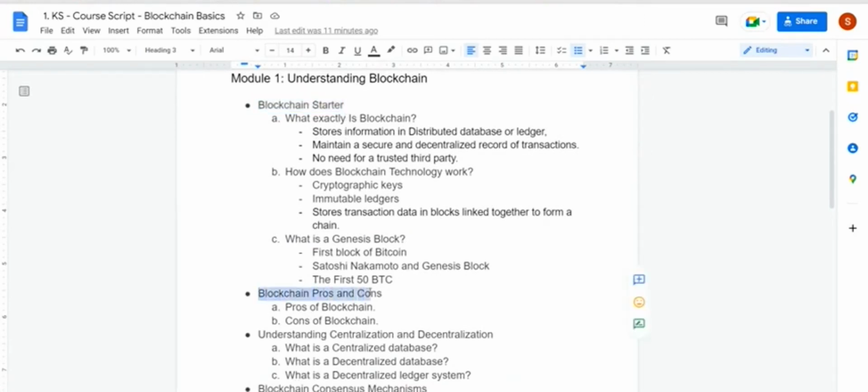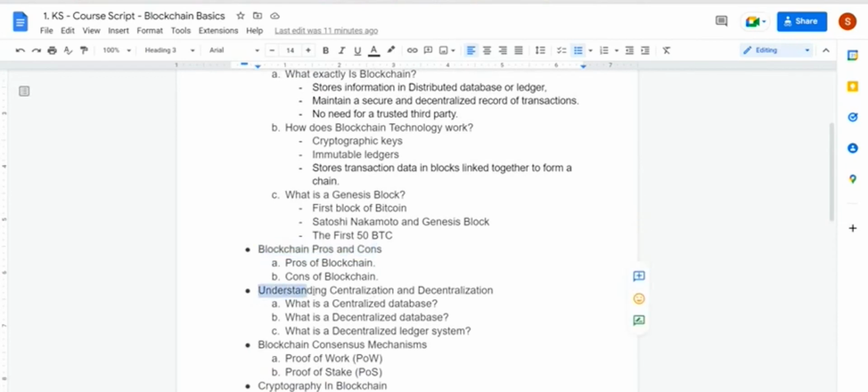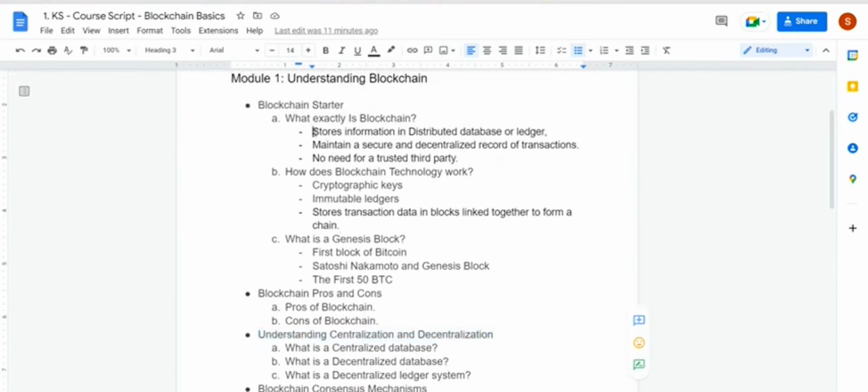Then blockchain pros and cons, so advantages, disadvantages. And you can see understanding centralization and decentralization. Those are the talking points.